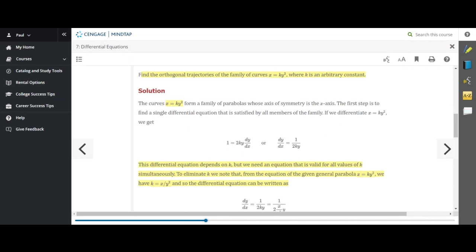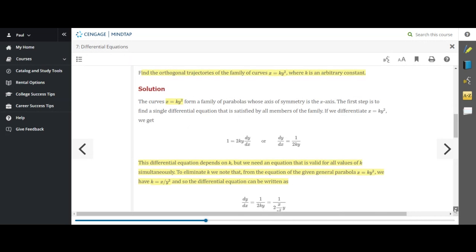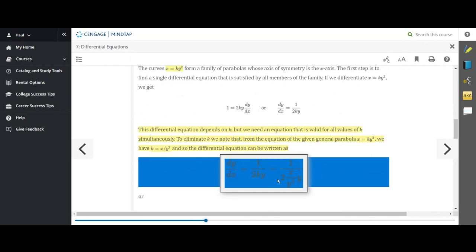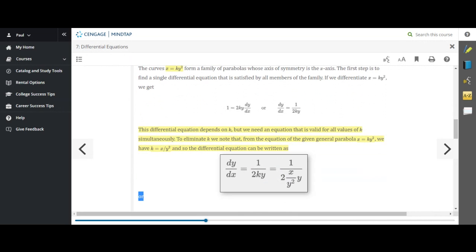So what they do is they say, well, okay, if x equals k times y squared, then k equals x over y squared, right? Because we were told that x equals k times y squared. And so now we're able to substitute in for k the x over y squared.